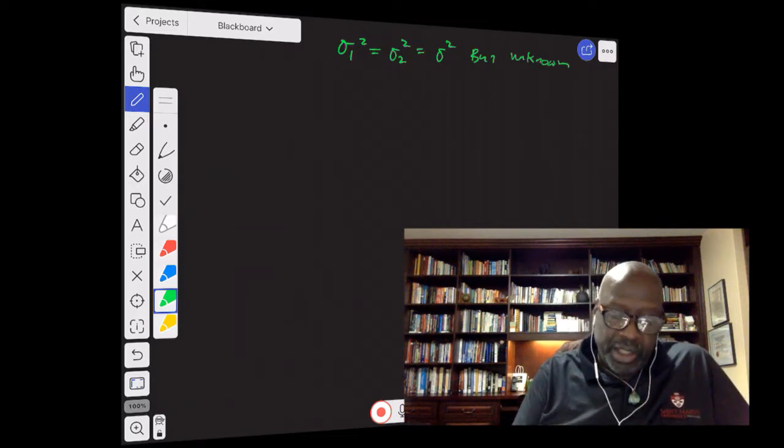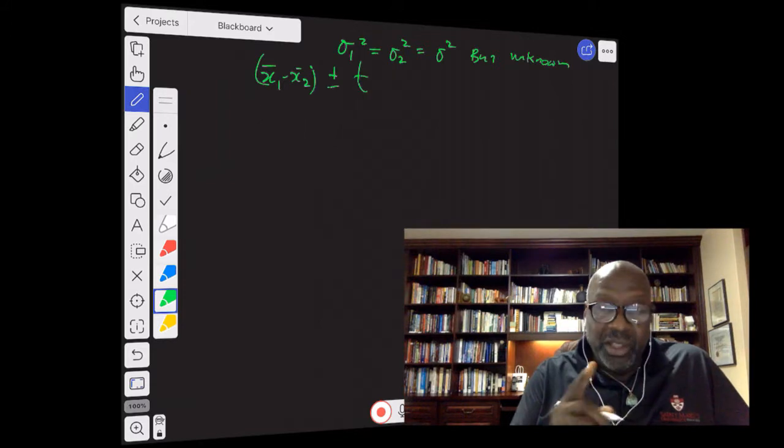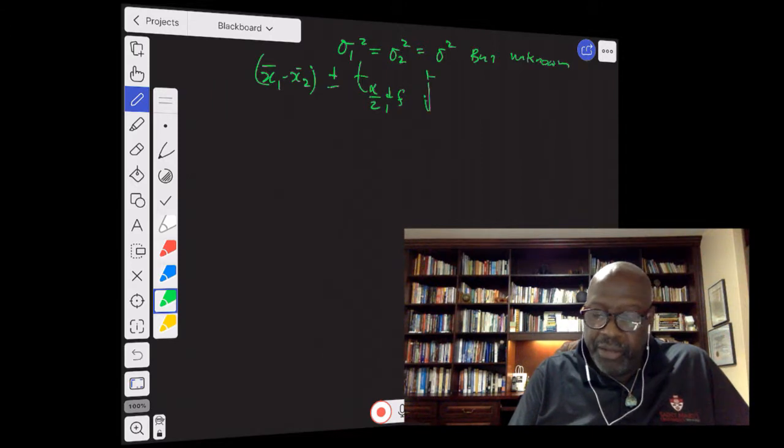If we're doing a confidence interval, then we use the following for our confidence interval: x bar 1 minus x bar 2 plus or minus t alpha over 2 degrees of freedom, and then we will have this for our standard error, sp squared times 1 over n1 plus 1 over n2.